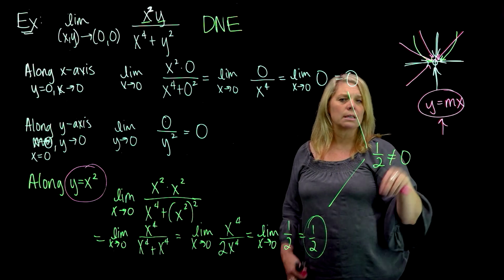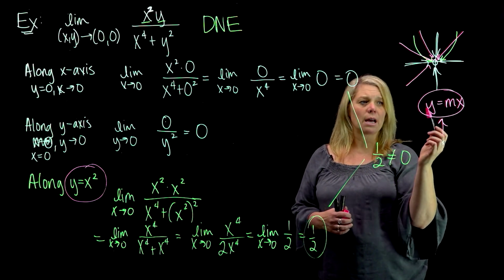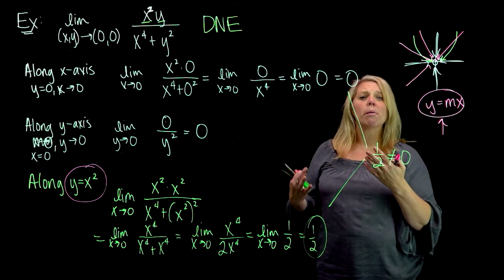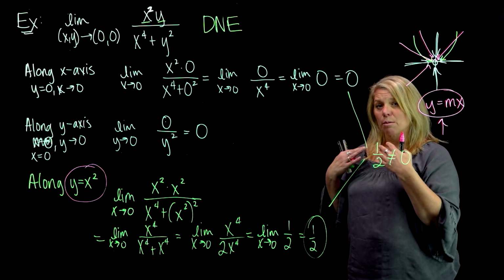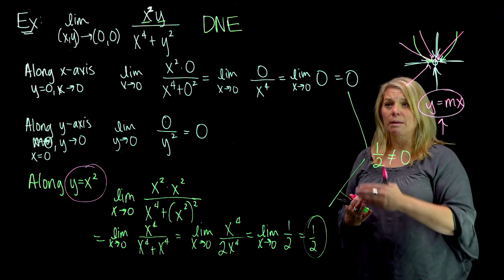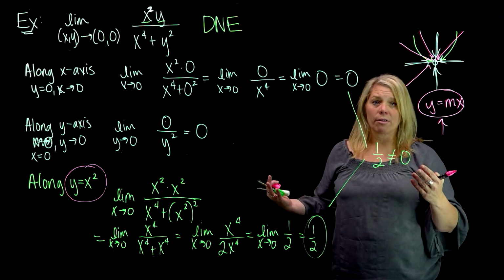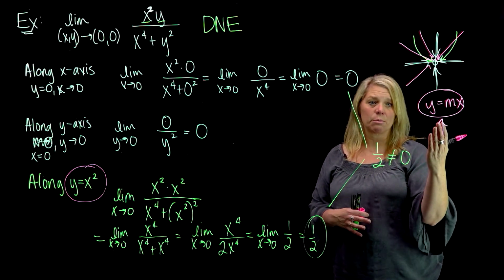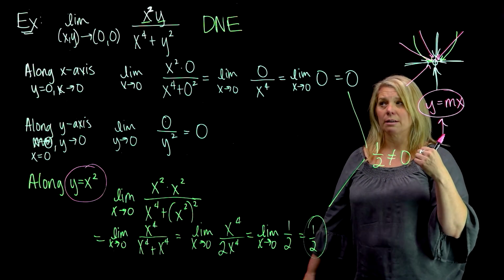So although this is an interesting discussion that our textbook does with y equals mx, it's probably not a good strategy for solving most of the problems you will work on, because it's overkill for showing that a limit does not exist, and it's not ever enough to show that a limit does exist, because there could be other paths along which you get different answers.